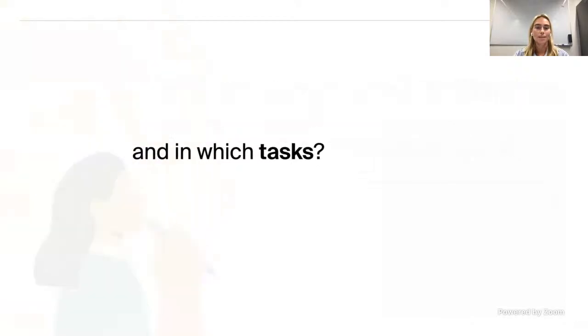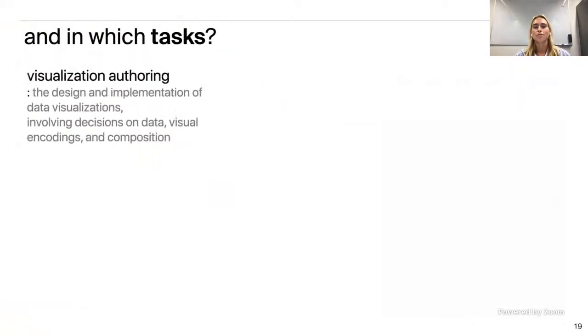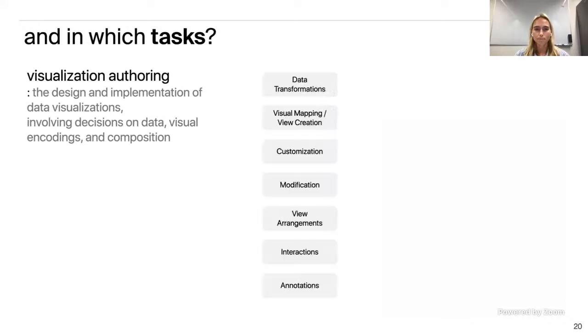So then about the tasks. For this study, we defined visualization authoring quite broadly as design and implementation of data visualizations involving decisions on data, visual encodings, and composition. But to understand really the challenges that these authors face, we felt like we needed to know a little bit more about low-level authoring tasks. And to do so, we reviewed some related work in visualization taxonomies and task classifications.